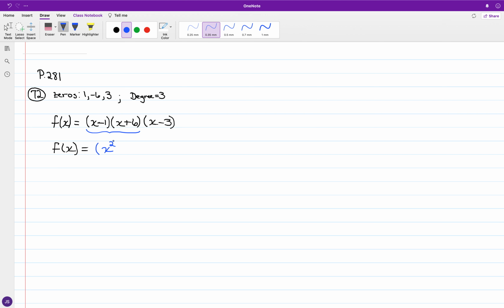and the outside and inside products will combine, where 6x minus x becomes 5x, and for the last product, this will be negative 6, and then we have times the quantity of x minus 3.